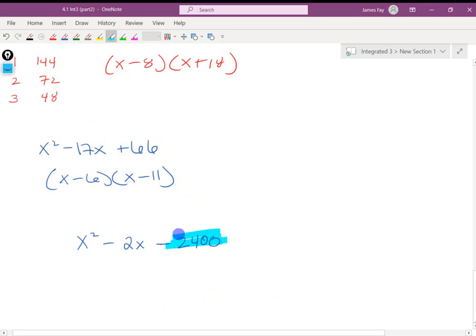If we're talking about two numbers that multiply together to give me 2400 but add up to give me negative 2, think about that negative 2. If that negative 2 was 0, that would mean that the two numbers that multiply together to give me 2400 would be opposites of one another, right? Does that make sense to everybody?